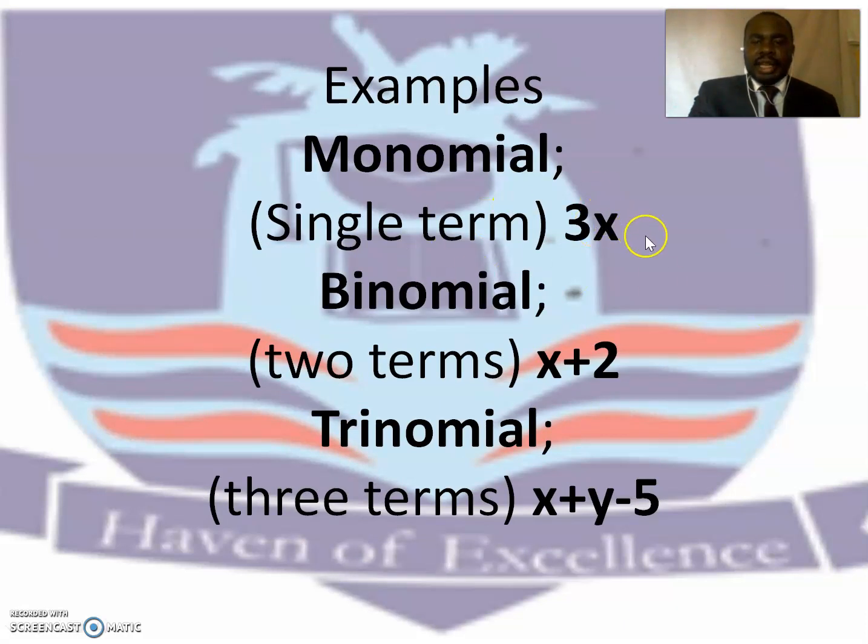For example, 3x. That's a monomial. A binomial has two terms added together by either plus or minus. We have x plus 2 or x plus y, a plus b. That will be a binomial. A trinomial has three terms put together with addition or subtraction signs, such as x plus y minus 5. This is an example of a trinomial.